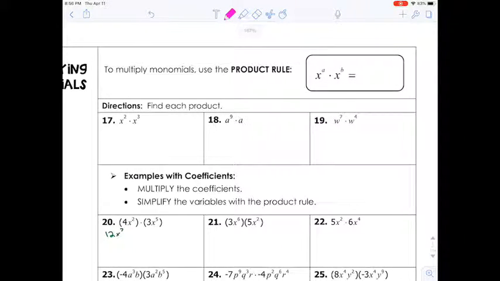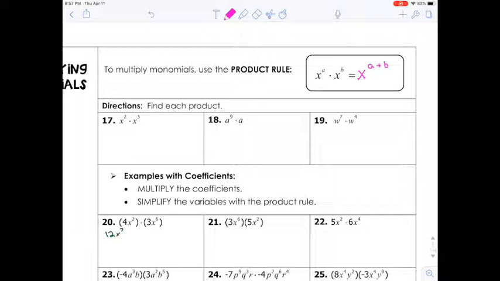To multiply monomials, use the product rule. X to the a times x to the b is equal to x to the a plus b. So when we multiply exponents, we add them together, okay?